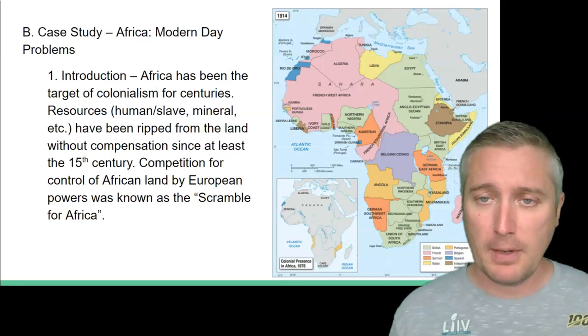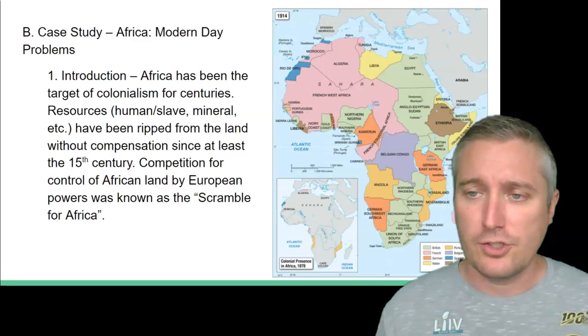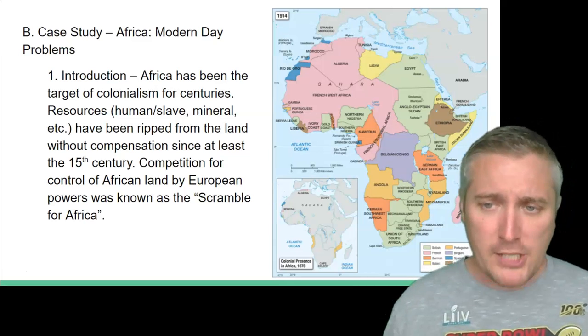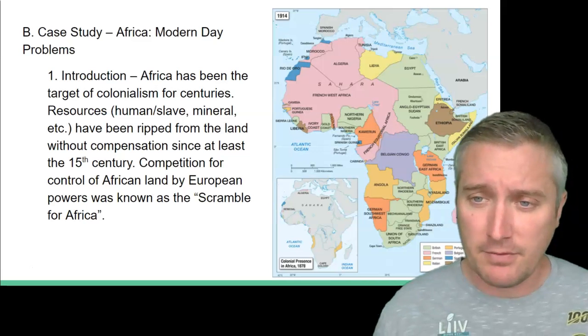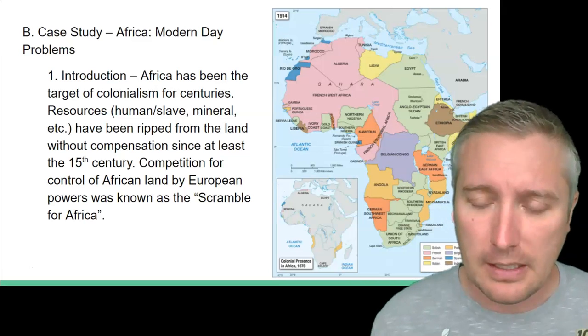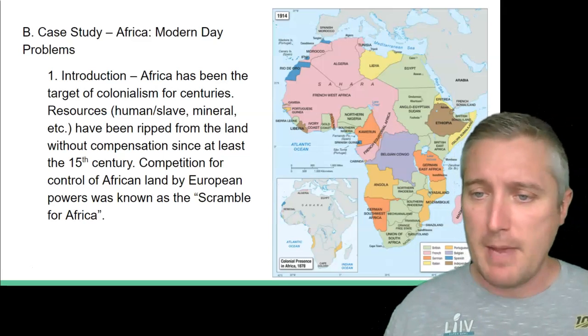Now, I assume you probably know a little bit of the history of Africa, at least since the time of slave trading and whatnot. Basically, starting way back at the time of colonization, you did have a lot of European nations coming into Africa and trying to colonize it for their own. You can see in this map all the different colors.